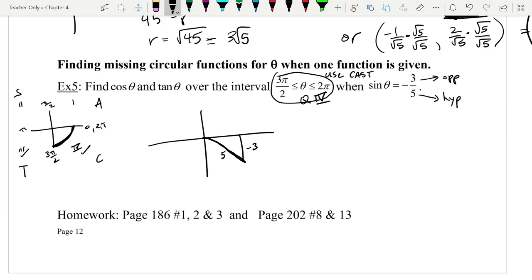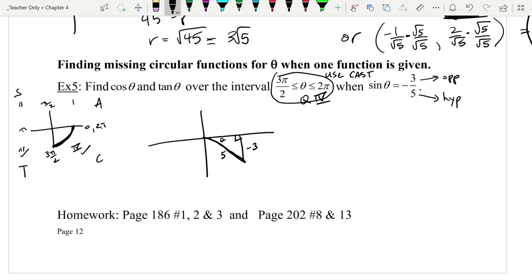But Mr. K, how did you know the negative belonged to the 3 and not the 5? Because we just talked about that. The radius can't be negative. And we know that we want to be in quadrant 4. So this line has to go down. Ha-ha! So there we go. There's my theta here.